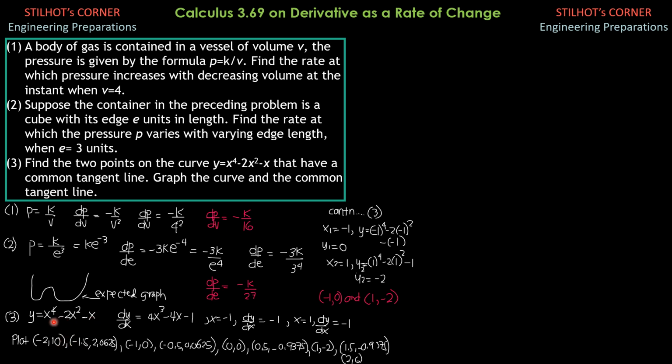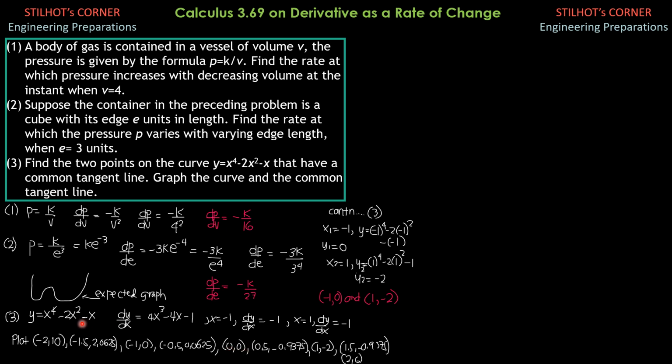Then when x is, to make it accurate, -1.5, y is 2.0625. When x is -1, 1 minus 2, -1 minus -1, so 0. When x is -0.5, it is 0.0625. When x is 0, y is 0, obviously.